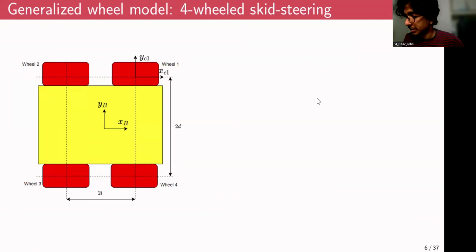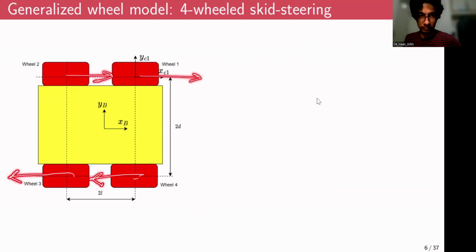And what happens in this case, if angular velocity of wheel 1 is in this sense, and angular velocity of wheel 2 is in this sense, and angular velocity of wheel 3 is in the opposite sense, and same with wheel 4? So if this is how you give the angular velocities, wheel 1 and wheel 2 move forward and wheel 3 and wheel 4 move backward, this entire robot would rotate like this about its own axis, with 0 turning radius.